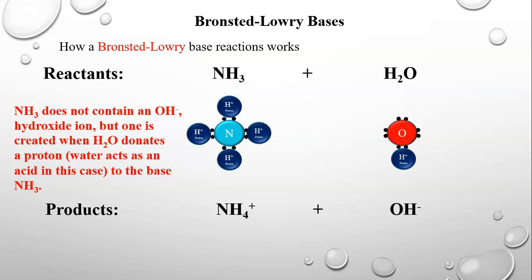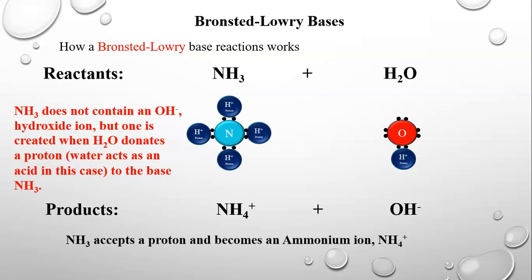It's now an OH, 1 oxygen, 1 hydrogen. And since that hydrogen left its electron behind, it is now OH minus. NH3 accepts a proton and becomes an ammonium ion. NH4 plus is called ammonium.